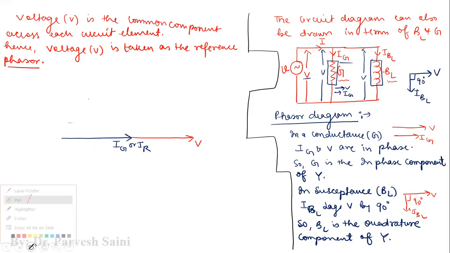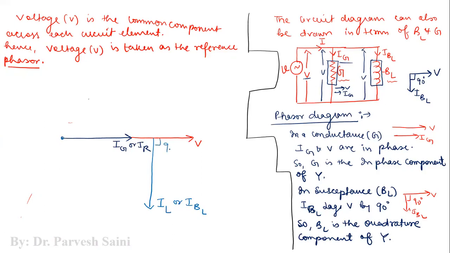So we will draw it again. So this is your IL or IBL, right? So now this is lagging 90 degrees from the voltage. This is the voltage phasor, and your current in the inductor is lagging the voltage by 90 degrees.